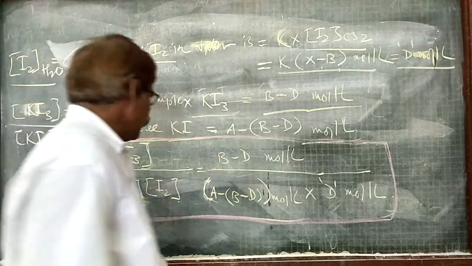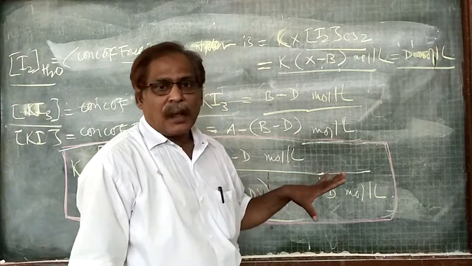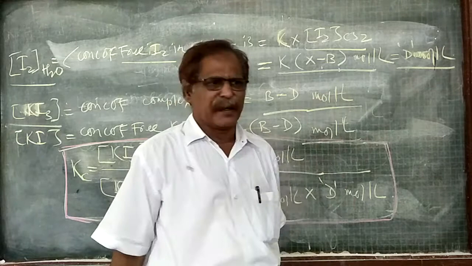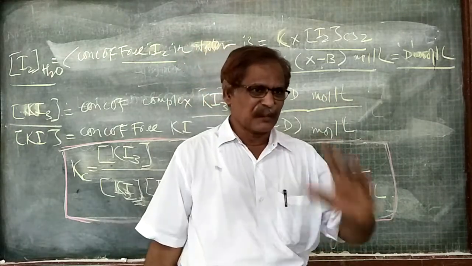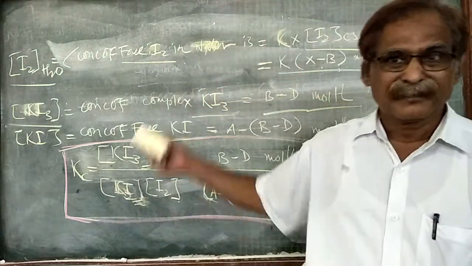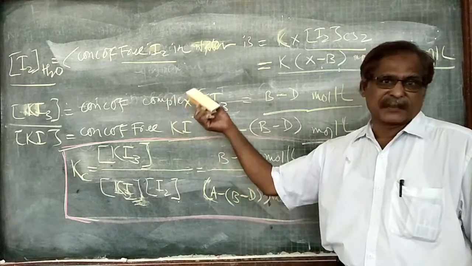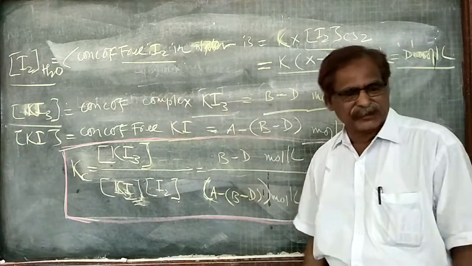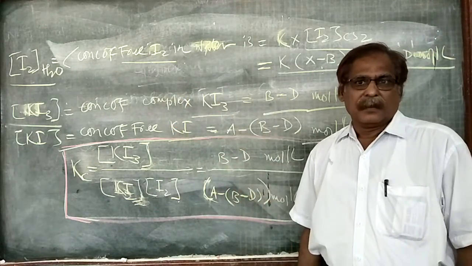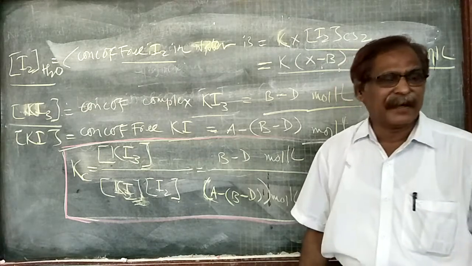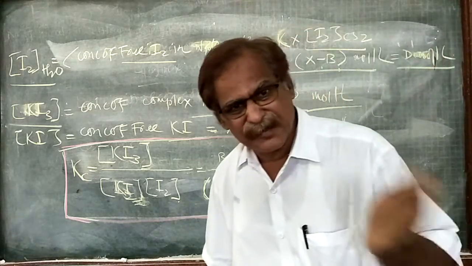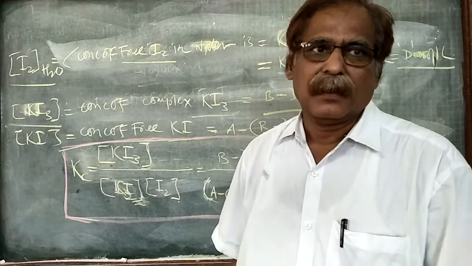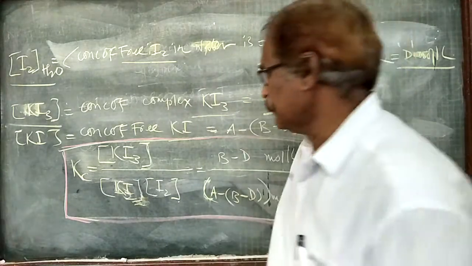In this way, we have seen how we can determine the equilibrium constant of a reaction like this complex formation reaction between potassium iodide and iodine, giving potassium triiodide complex in aqueous medium.